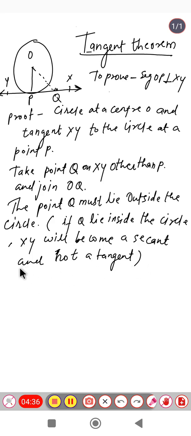So therefore we can say that OQ is longer than the radius.